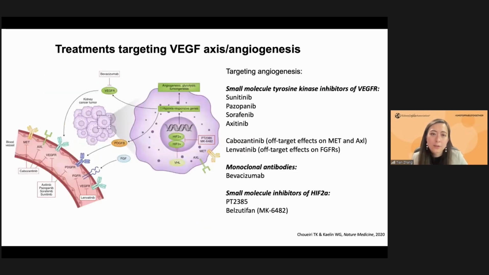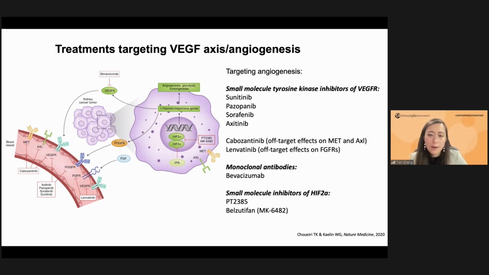So all of these molecular features have really impacted our understanding and what we can do to therapeutically target these pathways in kidney cancer. So there are now many treatments targeting angiogenesis, blocking blood vessel formation, and we have a variety of mechanisms. There are many drugs that are either small molecules and they inhibit the receptor that allows blood vessels to form, or they are monoclonal antibodies, blocking the extracellular portion of these receptors.